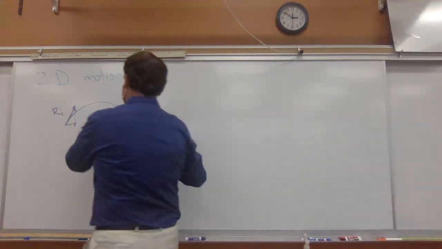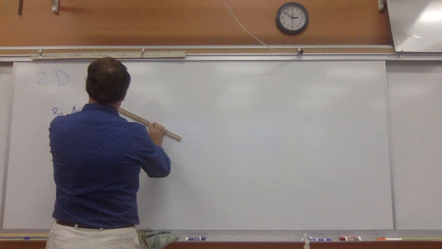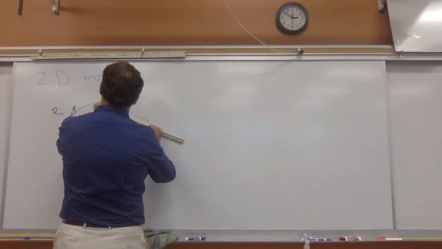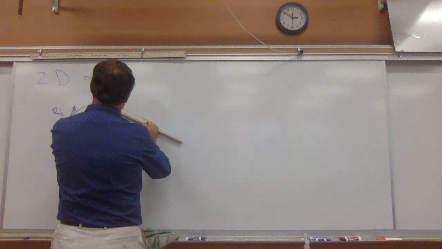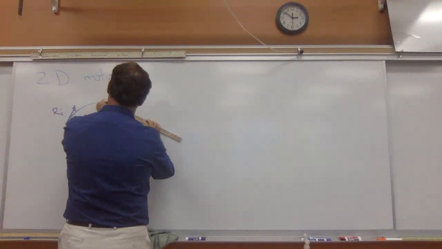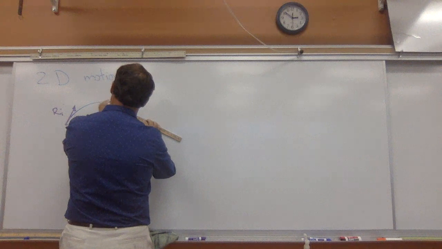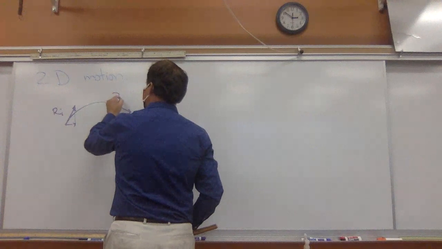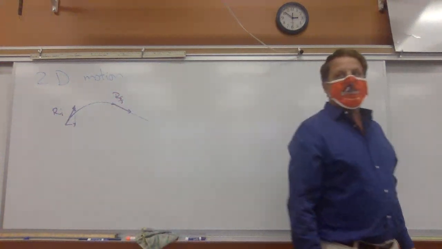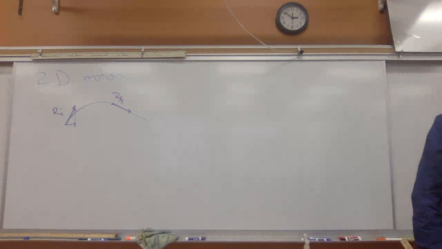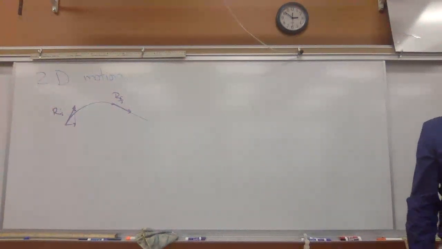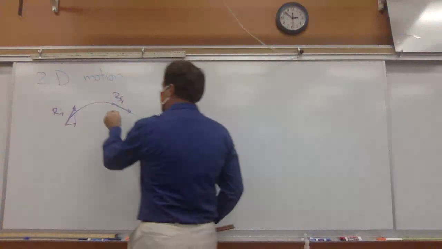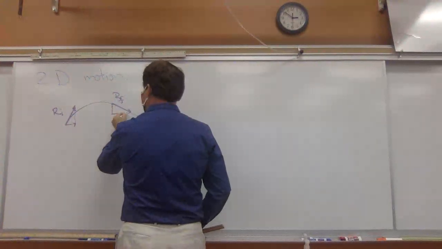Now, if we go over here, we have a vector, and here is our final. Now we obviously know that it is going in a different direction, not only in the X but also in the Y. And again, we can break that into this and this.